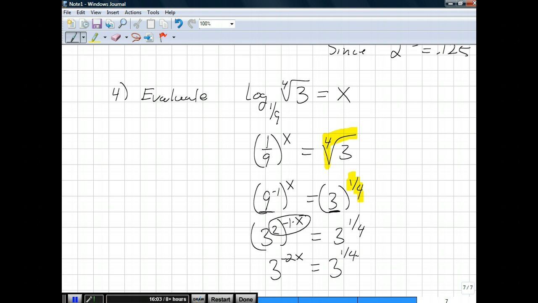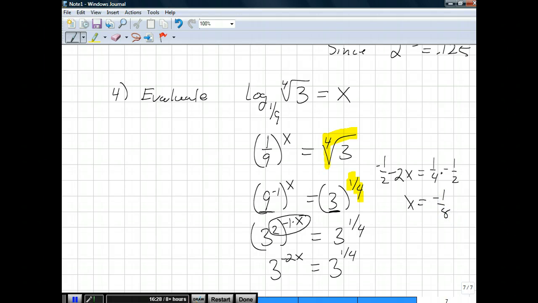Now that our bases are the same, now we can set the exponents equal. So we take negative 2x, set it equal to 1/4. So I can multiply by negative 1/2. So I get x equals negative 1/8.